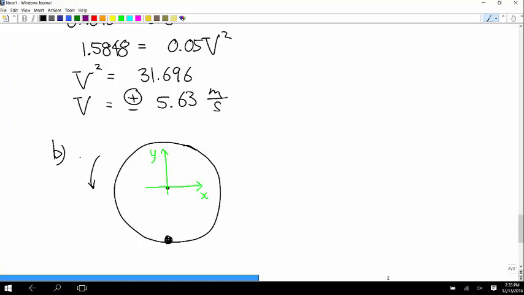If it's spinning this way, then the velocity vector would be like this. And speed is 5.63 meters per second. The centripetal acceleration goes towards the center.